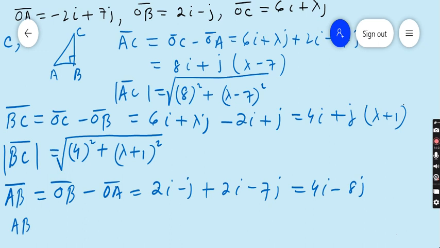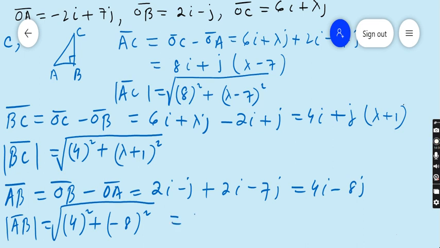Therefore the magnitude of AB is the square root of 4 square plus minus 8 square. 4 square is 16, minus 8 square is 64. 16 plus 64 is square root of 80. Now we have found all three vectors' magnitudes.